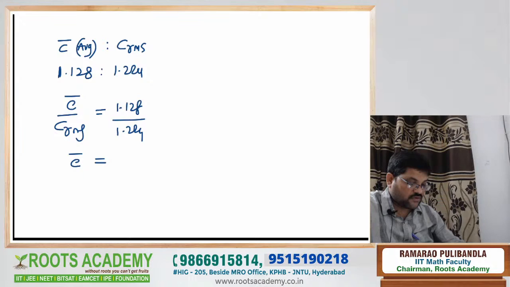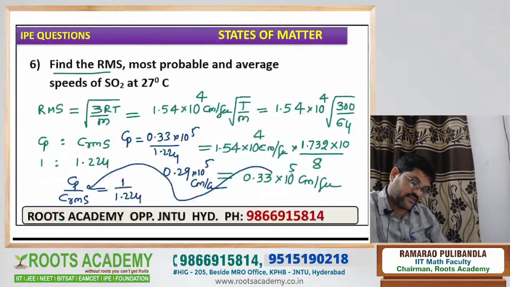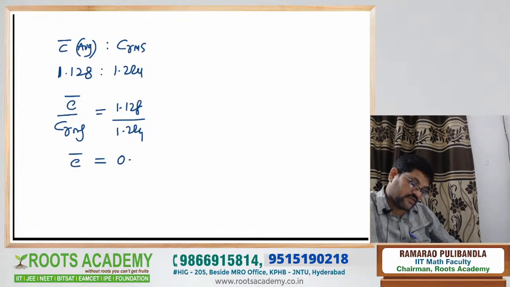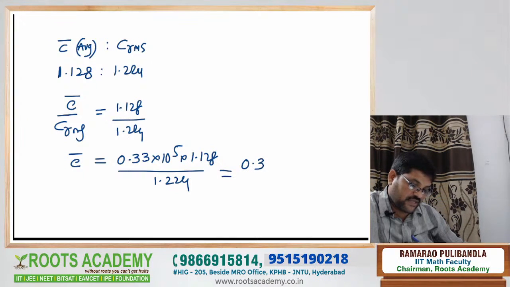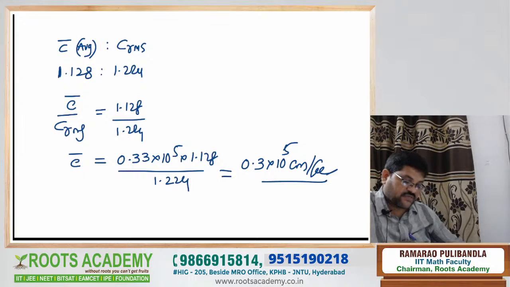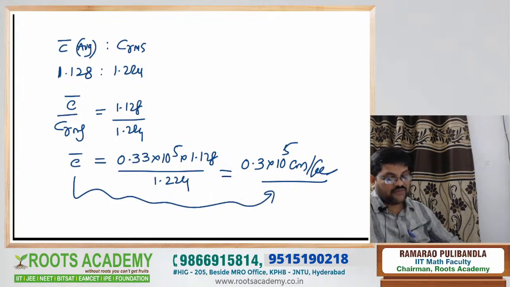Therefore C bar is equal to 0.33 into 10 power 5 into 1.128 by 1.224. You get 0.3 into 10 power 5 centimeters per second. That is the C average.